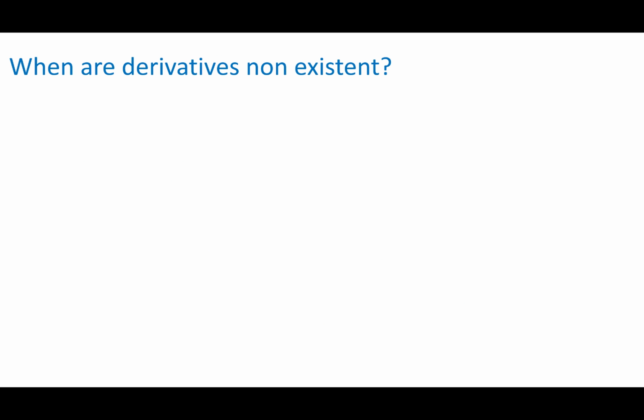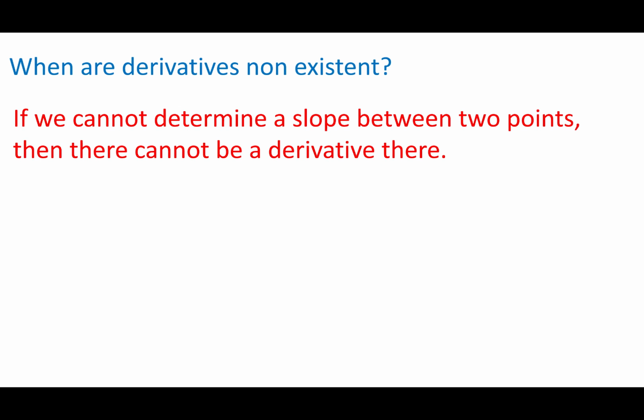Okay, so when are derivatives non-existent? So again, the derivative represents the slope of the tangent line. If we cannot determine a slope between 2 points, okay, derivative is instantaneous rate of change at a point. Well, getting back to the original definition, we had that P and Q and the two slide together so we can make a line between the two.